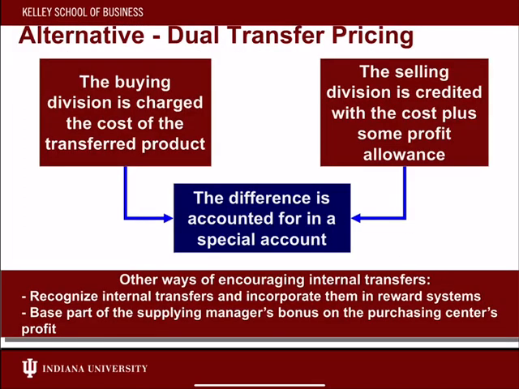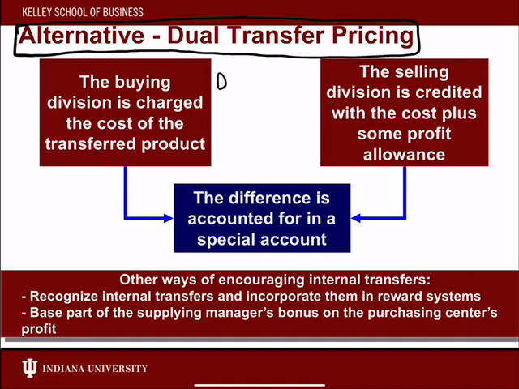So this last alternative is worth going over because in theory, it's a really cool idea. But we'll see why I can't imagine it a lot. I didn't see it in practice, but I didn't deal with transfer pricing a lot in practice. What this says is we have our Division 1 and our Division 2, and we want to sell from Division 1 to Division 2 internally at a transfer price.